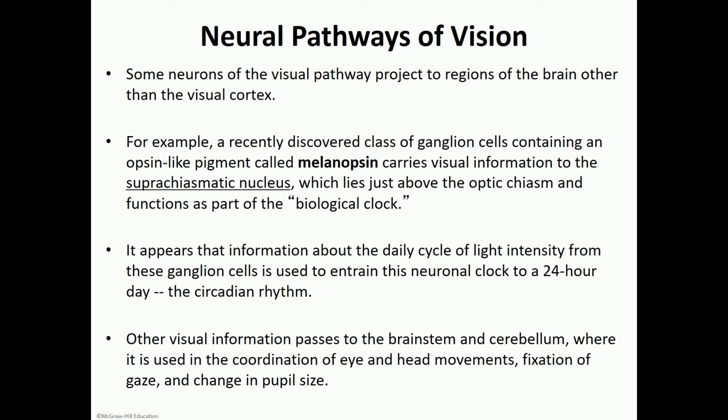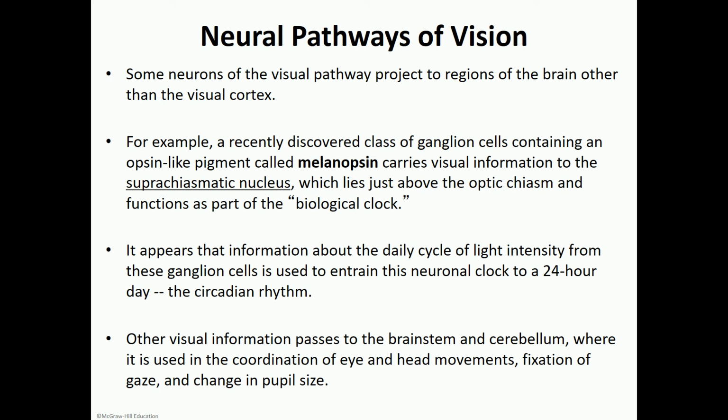Okay. Some visual information would have to go to the brainstem and the cerebellum. So although visual info goes to the occipital cortex, there are parts of the information that need to reach the cerebellum and the brainstem. Because remember we said that we integrate different information.